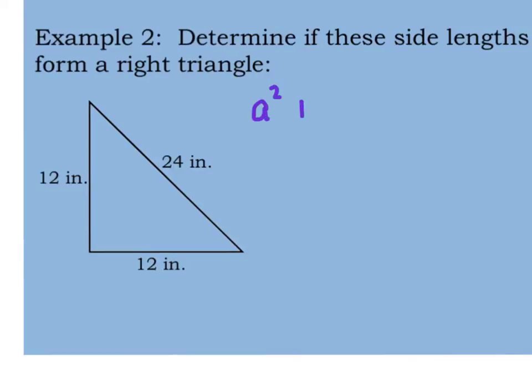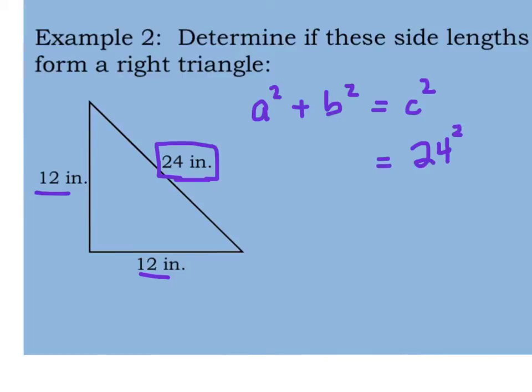So I'll start with my formula. I'm going to look for my longest side. I've got 12, 12, and 24. 24 is the longest, which means that will have to be our C term. The other two are the same, so it doesn't matter which one I put where. And now I'll square all my terms. 12 squared is 144.